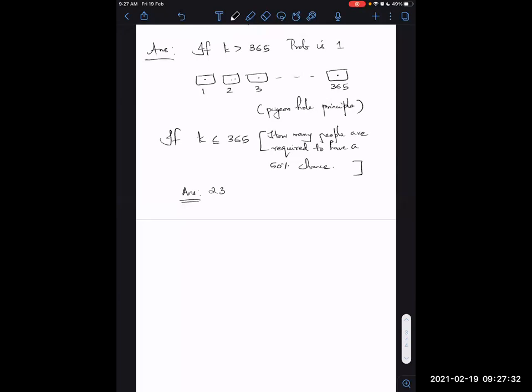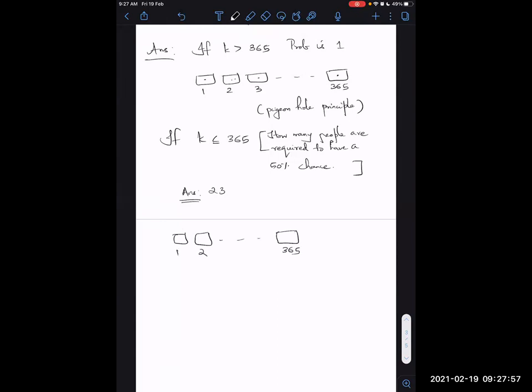Do you see the reason why this is such a small number? Can someone give me a one line idea of why this is such a small number for getting a 50% chance? The basic counterintuitiveness comes from this fact. You have 365 possible boxes to fill, 1, 2, up to 365.